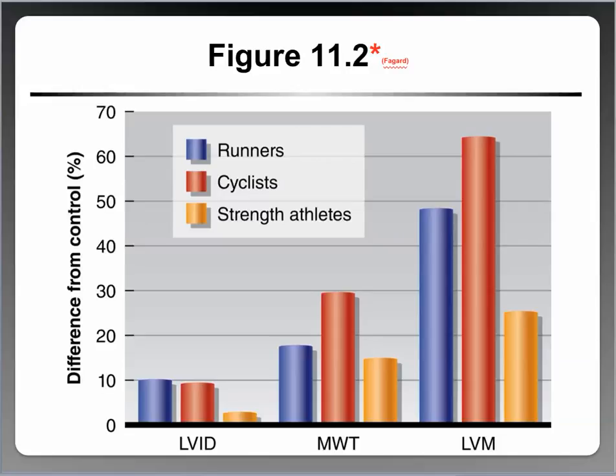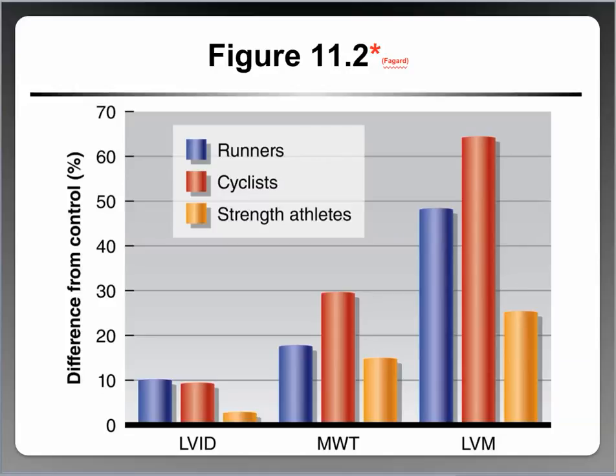And then on the right-hand side, you've got LVM, which stands for left ventricular mass. And you can see there again that the left ventricular mass is much larger in the endurance athletes compared to the resistance trained.